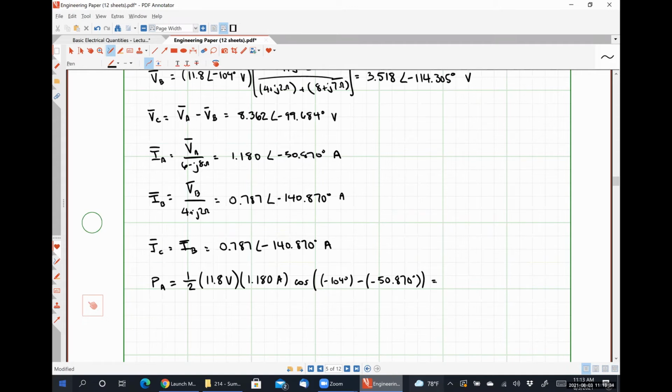Let's do the math there: 1/2 times 11.8 times 1.18 times cosine of negative 104 minus negative 50.87, which gives 4.177 watts.